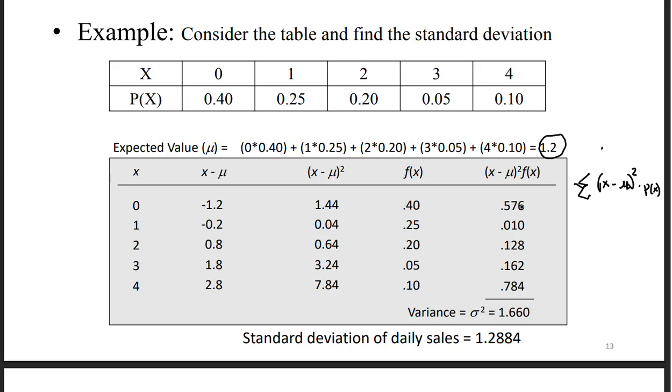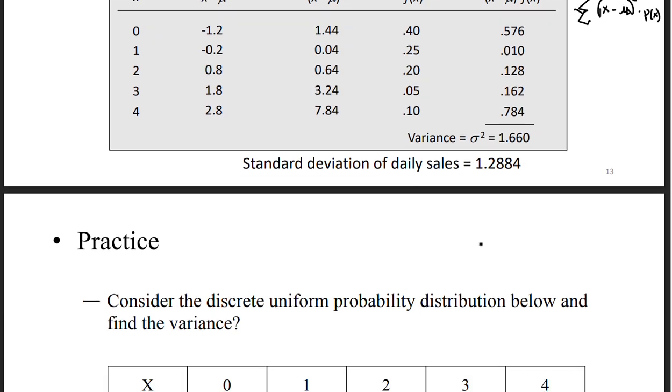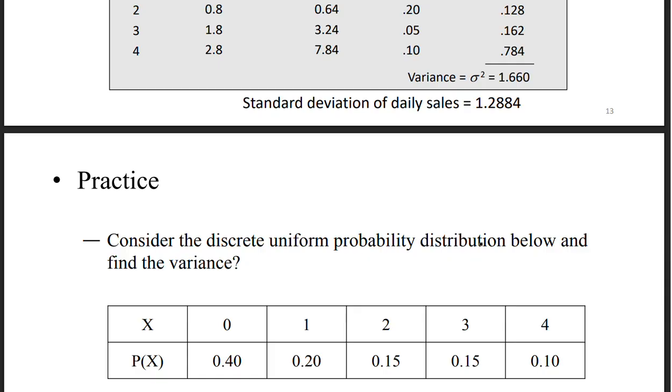So we will do the same thing for all the values of x and their assigned probabilities. And the total, remember, that's why we have the summation here. It means once you find everything here, add them all up together. The total, which will be our variance, will be 1.660. And then, of course, when we square root our variance, it will give us our standard deviation, which is 1.2884.